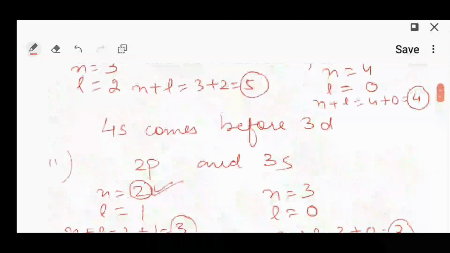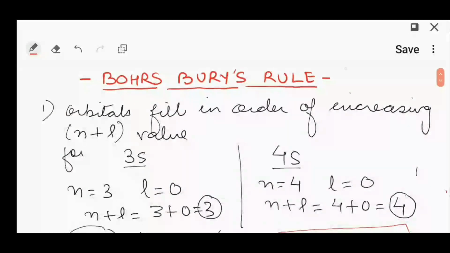This is the Bohr-Bury rule. Sometimes this rule is also known as the n plus l rule.